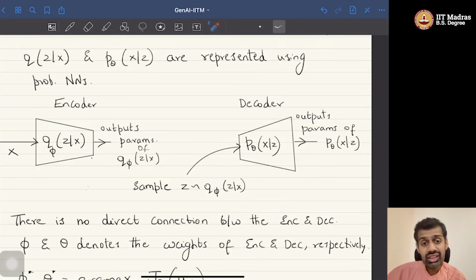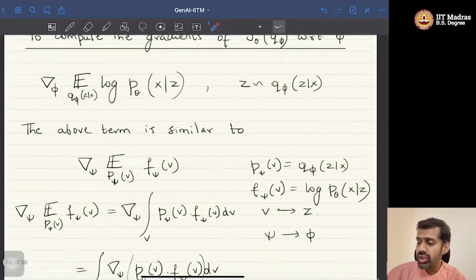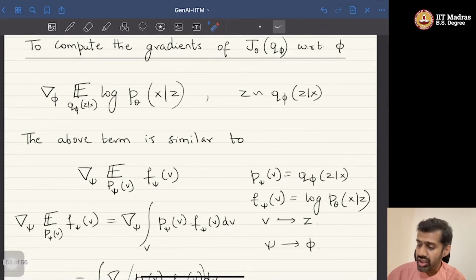Now, how does that translate to math? If you look at this carefully, you need to compute the gradient of an expectation of log of some function, and this function depends on a random variable z. This random variable is obtained through a sampling procedure, and that sampling also depends on the parameter phi with respect to which you are taking the gradients.